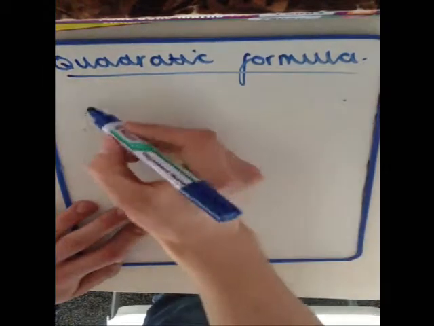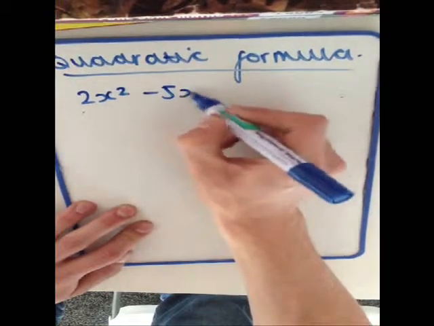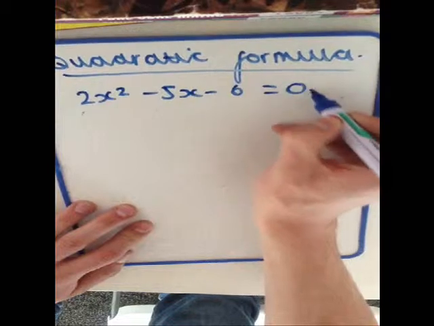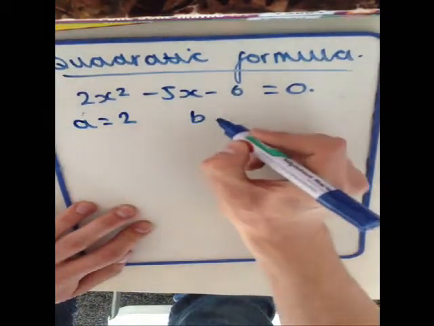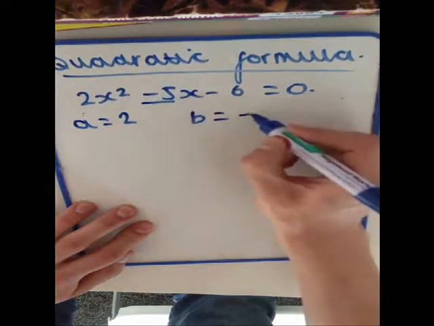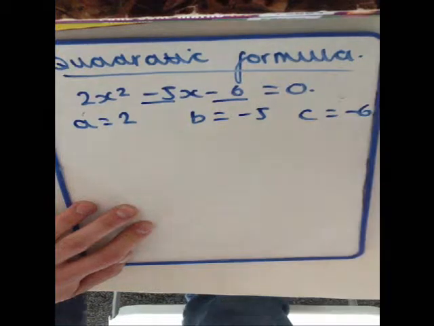So for example, if we had the equation of 2x squared minus 5x minus 6 is equal to 0. Here our a value is equal to 2, my b value is equal to minus 5, and my c value is equal to minus 6.